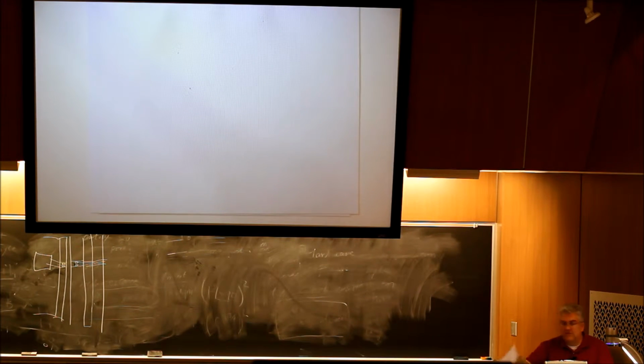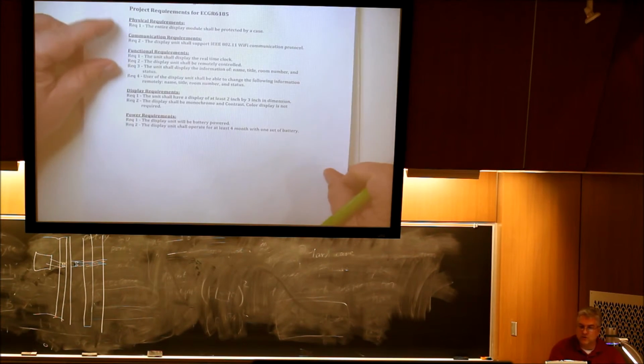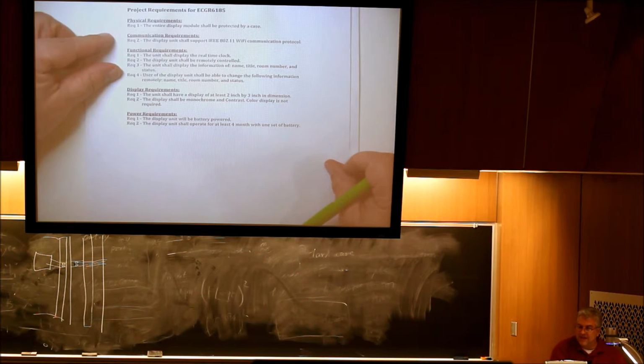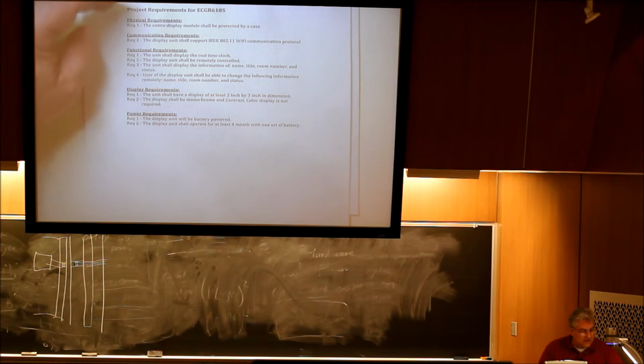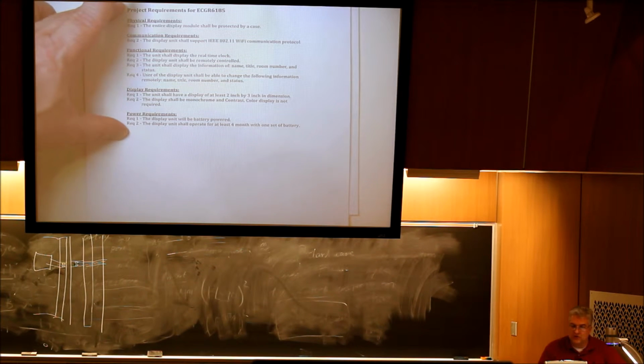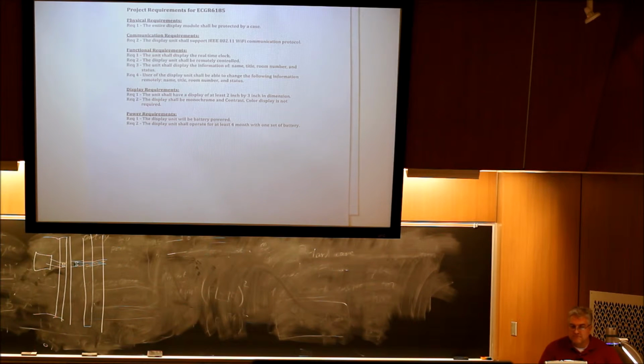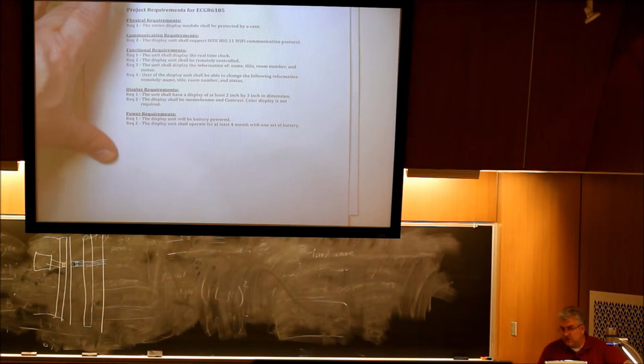So we have with us Group Snickers. And for the sake of this review, I'm not going to show their names. And so we have different things here, project requirements for the class, and it has a certain number of requirements. And this is going to be the subject of our review, is the requirements.